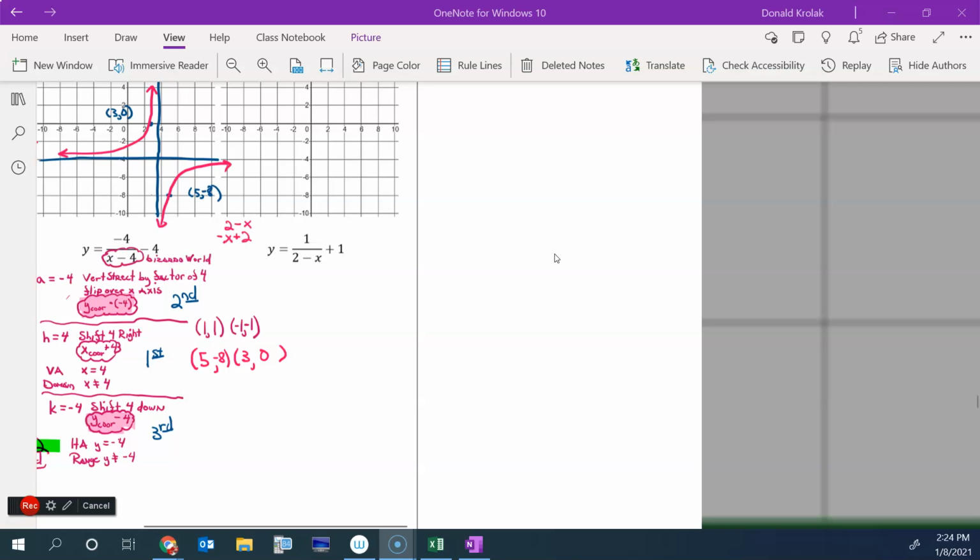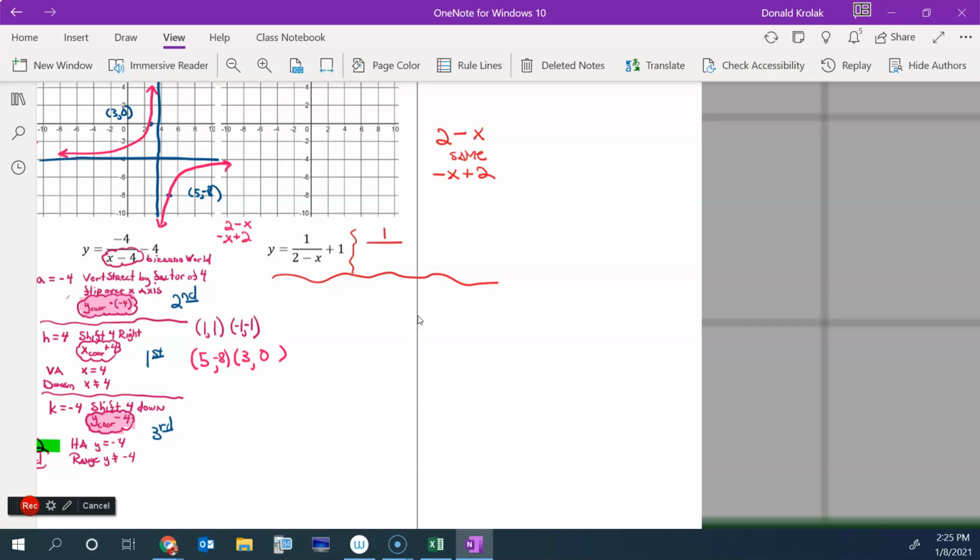Okay, our last one, before we can even start graphing this, we're going to rewrite it so that we can see what the true transformations are, because you see how the x is written second. All right, so I can rewrite this. I know that 2 minus x is the same as -x plus 2.